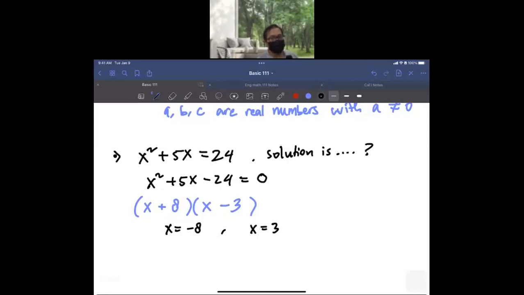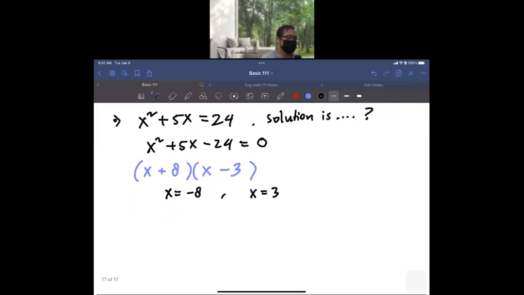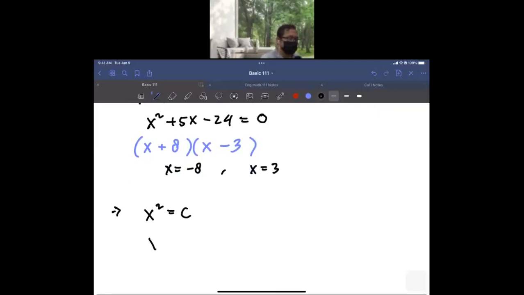That's the solution numbers that we are going to see. And another important thing is if we have x squared equals c, where c is any real number, if we want to find x, we need to write both possible radicals, with positive and negative.